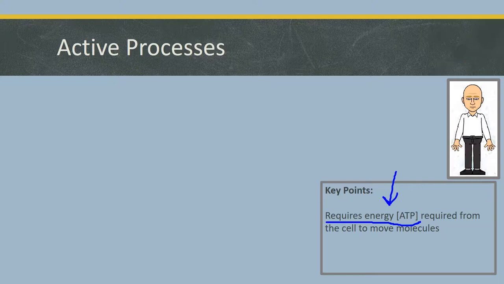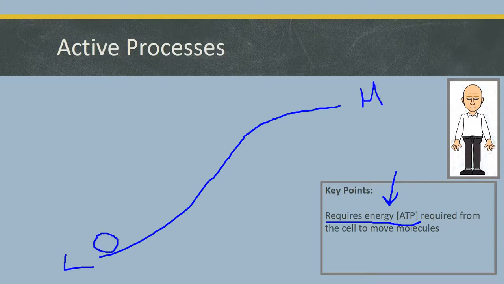I like to think of it as almost going up the hill. We tend to go from an area of low to high, because if we imagine that boulder, you've got to really put some effort in to pushing that boulder up the hill. So active processes are ones where the cell needs energy.